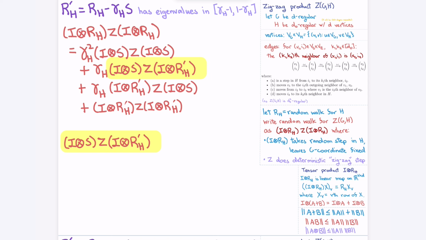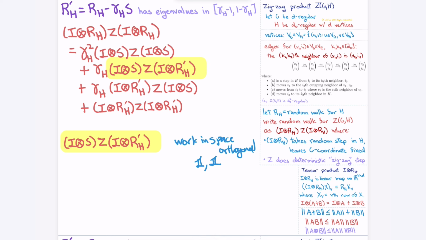Okay, so now this term. What we want to do is work in the space orthogonal to the all ones vector in each component, because that's the first eigenvector.